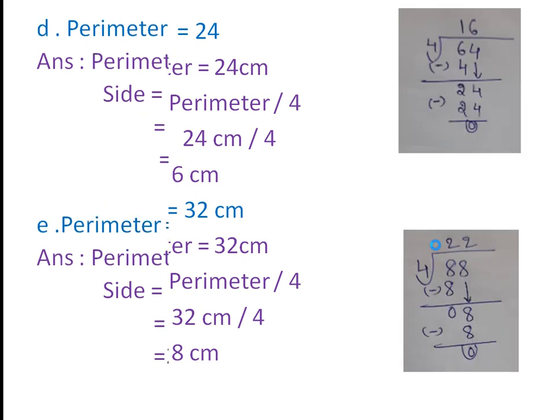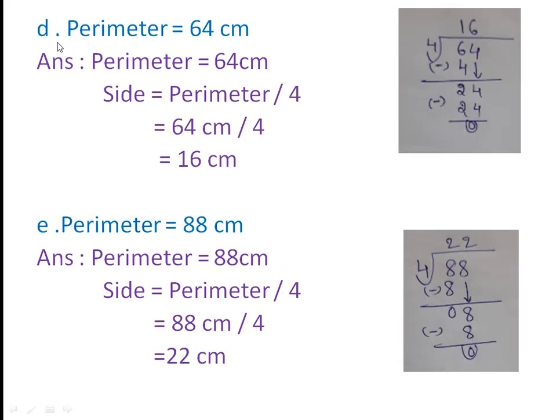See next problem. D problem. Perimeter is equal to 64 centimeters. Write down the statements like this. Perimeter is equal to 64 centimeters. Write down the formula for the side of the square. Side is equal to perimeter divisible by 4. Write down the perimeter value, 64 centimeters divisible by 4.